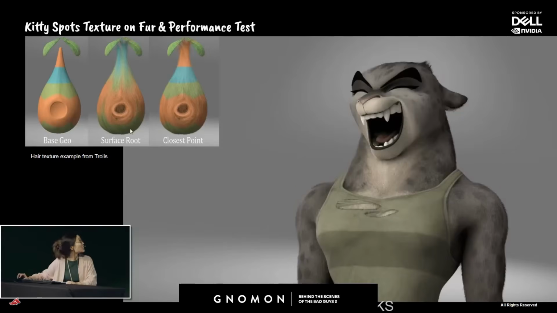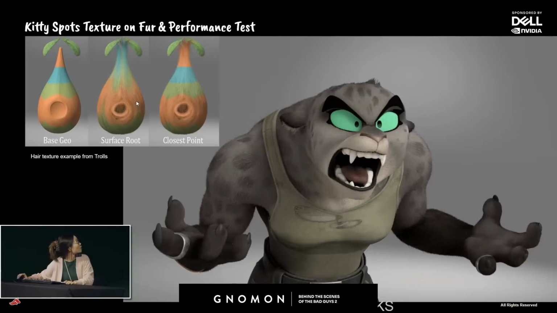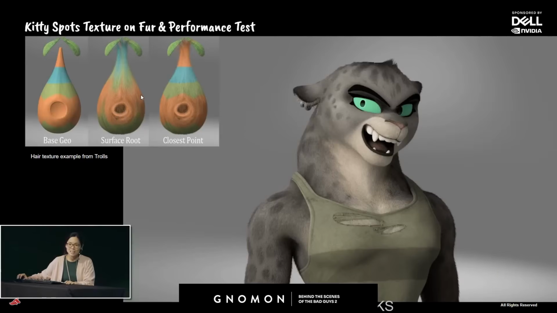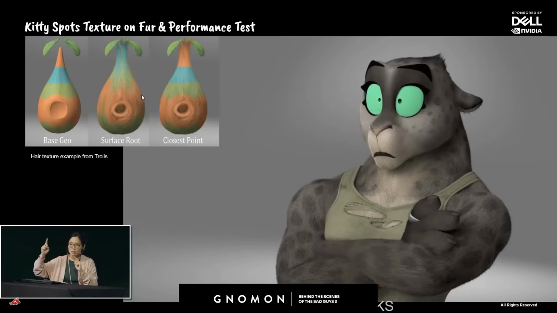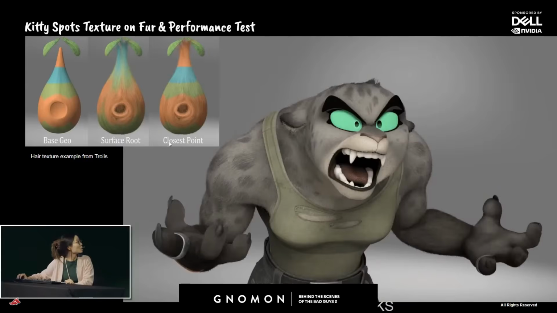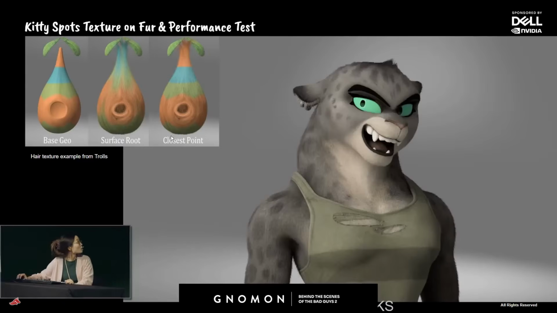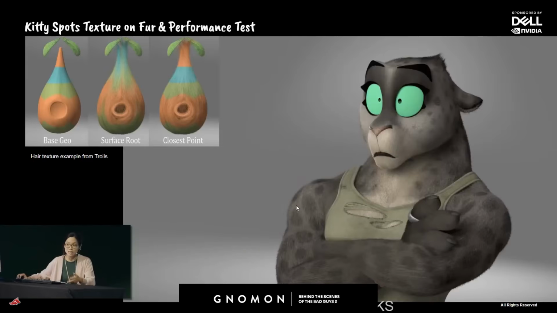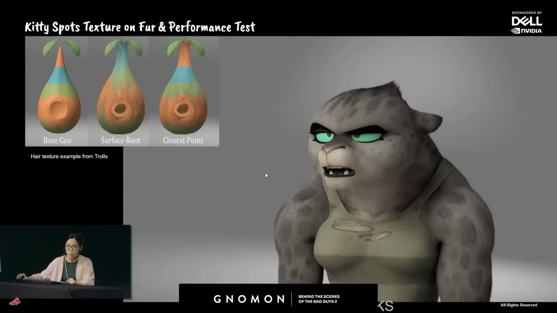But the problem is, it looks organic, but it's a bit blurry. This is because the hair length will drastically affect what the final color output looks like. So we need to find a way to accurately project this texture onto the fur. That's where the second method comes in, which we call the closest point method.